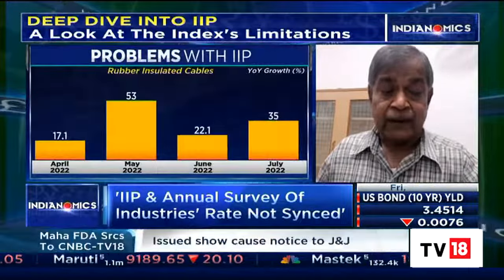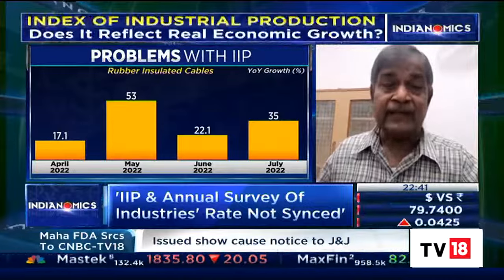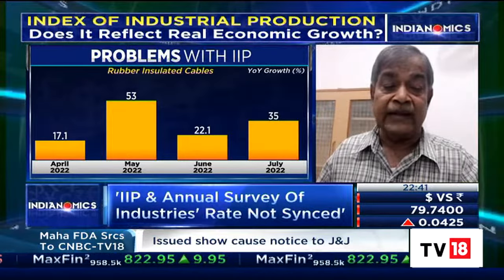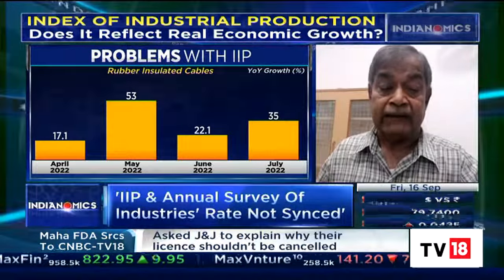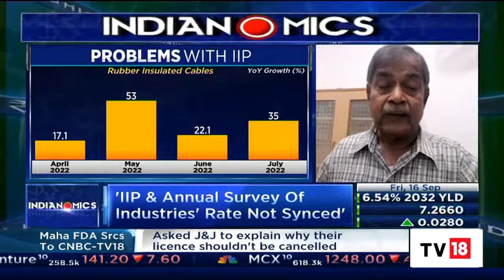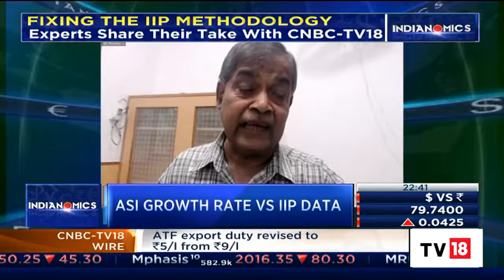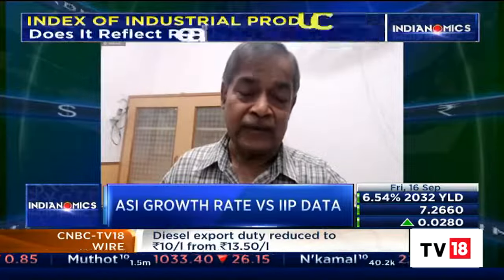Let me repeat. Come to the next 5 years, ASI latest data is available for 2019-20. So if we start from say ASI 15-16 and look at the 5-year growth rate data based on IIP vis-a-vis ASI, I find that in 3 years, ASI-based growth rate is higher than IIP-based growth rate. On the other hand, in the remaining 2 years, it is the other way around. IIP gives higher growth rate.